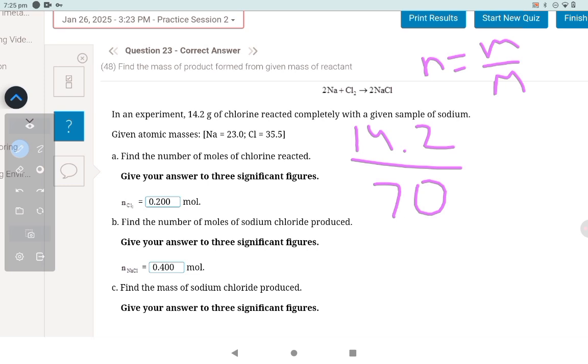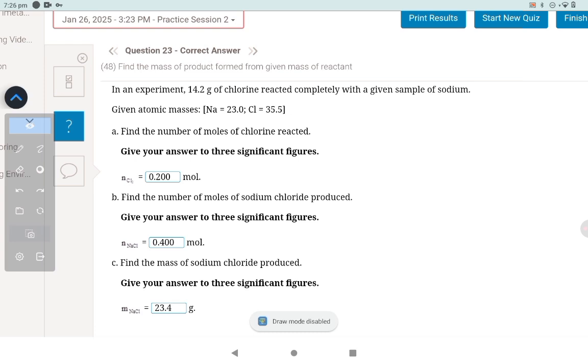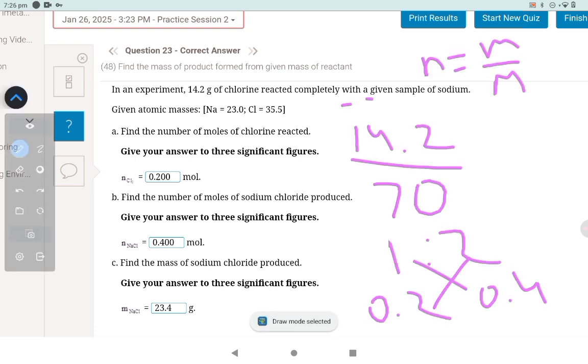Find the number of moles of sodium chloride produced. We do MCR. We get 1 to 2 sodium chloride produced. So that's 0.2, cross multiply, is 0.4. Find the mass of sodium chloride produced. We said that the moles of sodium chloride is 0.4.